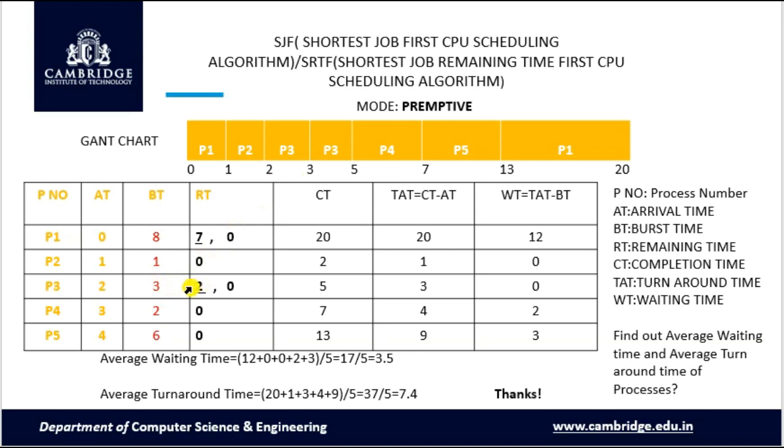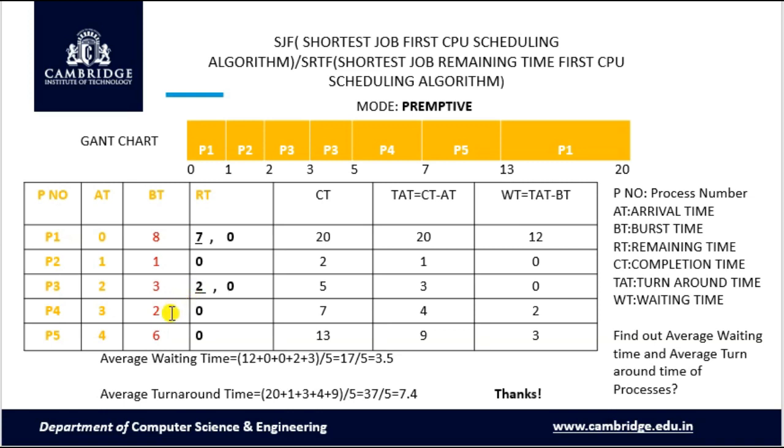P4 arrives at 3 seconds, but its burst time is 2 seconds. As far as the comparison between P3's remaining time and P4's burst time is concerned, remaining time is nothing but the burst time which is remaining.